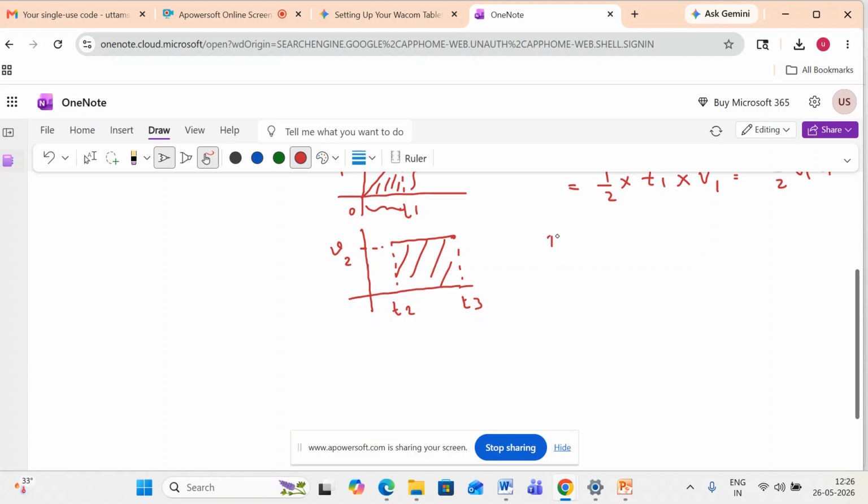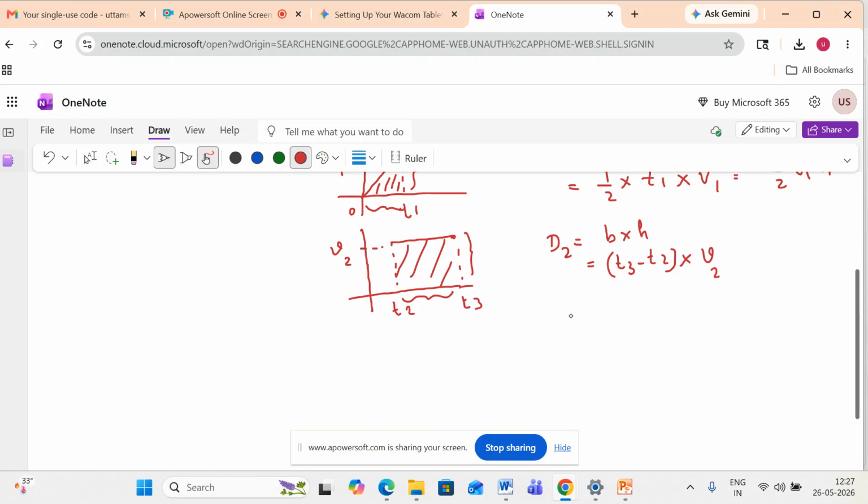This is a rectangle, so the area is base into height. The base is the time from T2 to T3, that is T3 minus T2, into the height V2. So this will give you the distance covered by the train during T2 to T3 when it is moving with the velocity V2.